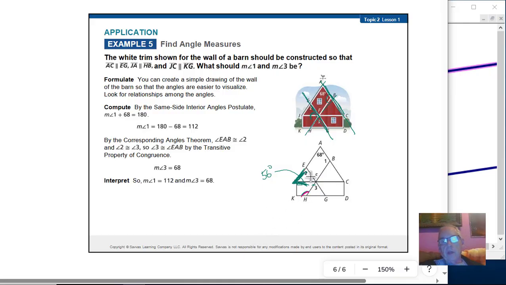Let's see what we've got. So we have parallel lines cut by a transversal this way. Here's one of our parallel lines, this way and this way. So our transversal line. So we've got, this is a 56 degree angle.